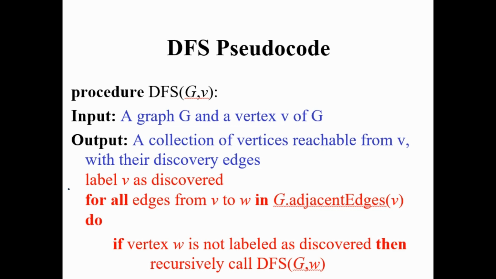We label the starting node as discovered or marked, and for all the edges that are adjacent to this starting node, if the vertex adjacent to the input node is not labeled as discovered or not marked, then we recursively call DFS on that adjacent node. This is how it works. So in short, it is a recursive algorithm.